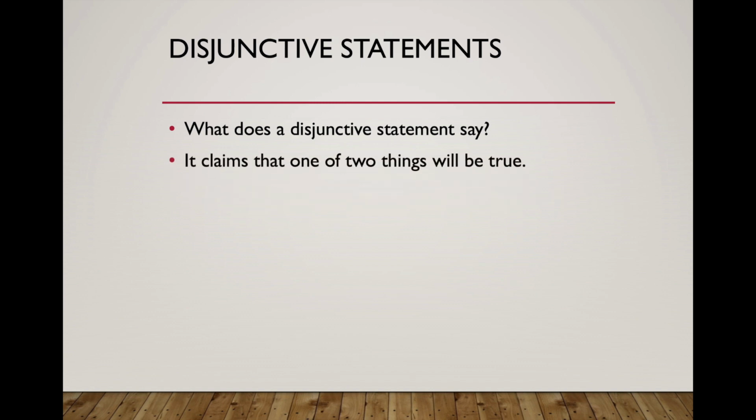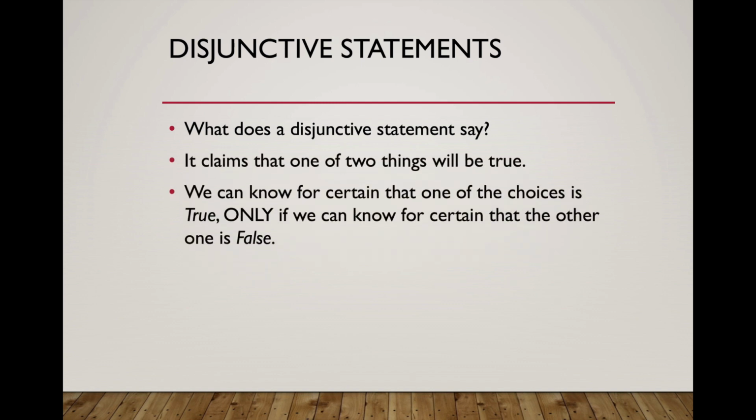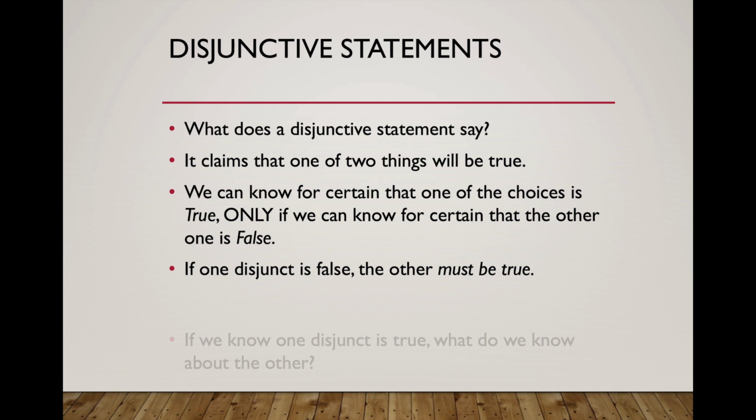It claims that one of two things will be true, and we can know for certain that one of the choices is true only if we can know for certain that the other one is false. So if one disjunct is false, then we can conclude with logical necessity that the other one must be true, because either disjunct could be true, but knowing one is false means that the other one has to be true.